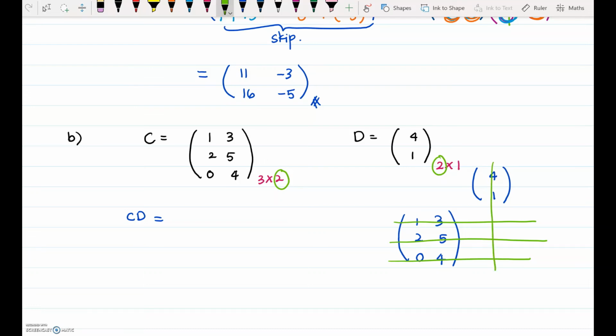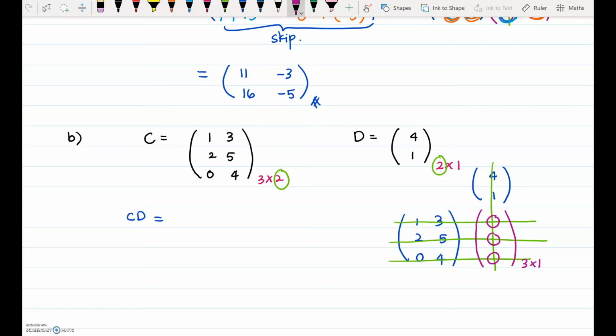So what will be the size of your product matrix? It will be of size 3 by 1. I just show you the working, but you can skip it in your solution.